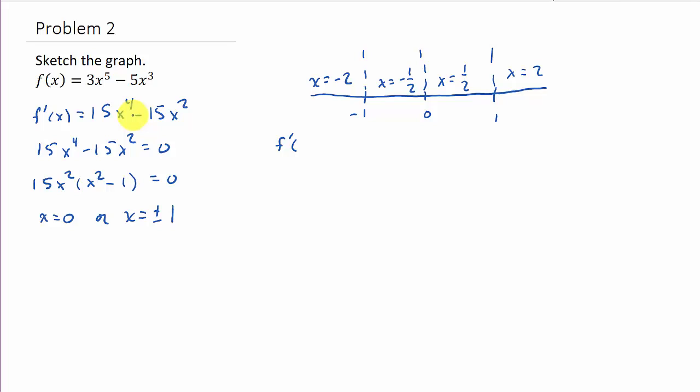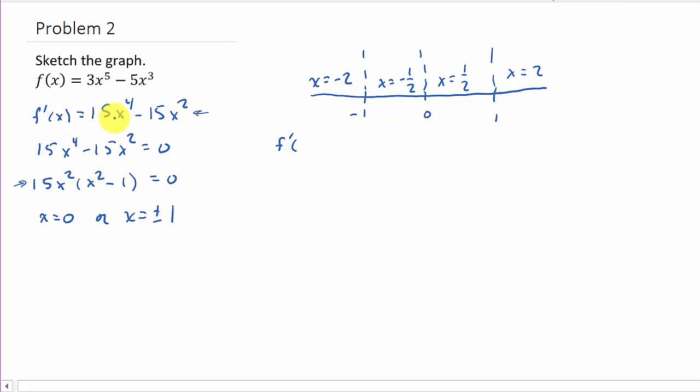That makes no difference to us. All we care about when we plug each of these in is whether it's positive or negative. That's it. Now, what I want you to understand is that this function here is the same as this function. This one's just factored. I mean, it's not factored completely, but it's factored out of 15x squared.